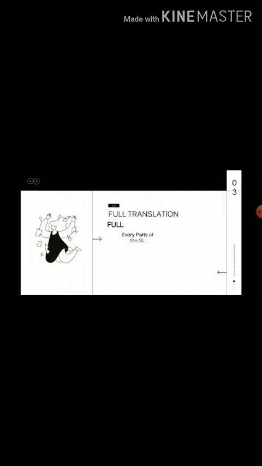For example, when we translate the sentence 'saya minum air', it is 'I drink water'. In this sentence, there is no word left, and the translator translates every part of the source language.